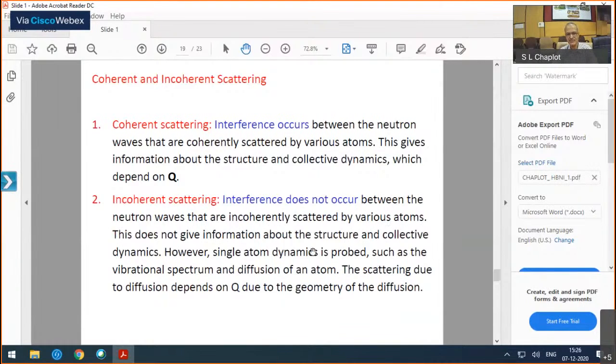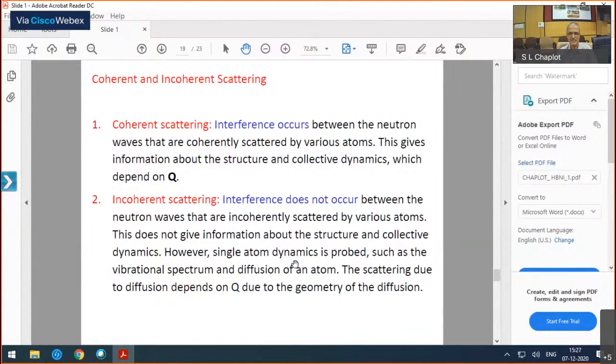So this will not give information about the structure or collective dynamics, but it serves as some kind of background. It's not exactly background, because this also has variations with the wave vector and energy. Let's see what it can give. You can look at single atom dynamics, because then you don't depend on the interference.